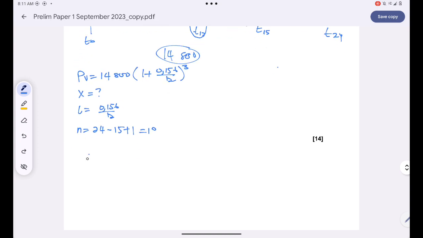So therefore, how can I find the new installment? I can simply say present value, that's the installment times 1 minus (1 plus i) to the power negative n, all over i. So the present value, guys, is just 14,800 rands times (1 plus 0.156 over 12) to the power 3.